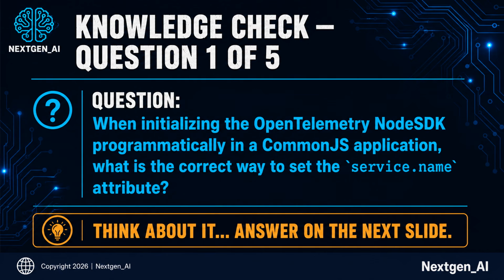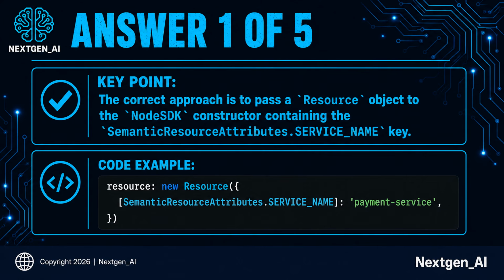Knowledge check. Question 1 of 5. When initializing the OpenTelemetry Node SDK programmatically in a CommonJS application, what is the correct way to set the service.name attribute? Think about it. The answer is on the next slide. Did you get it?